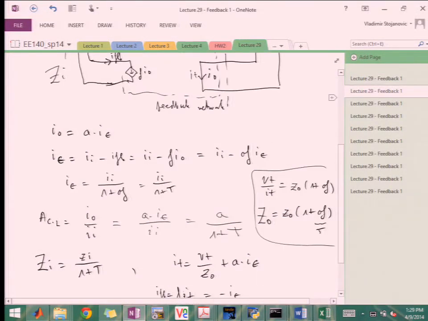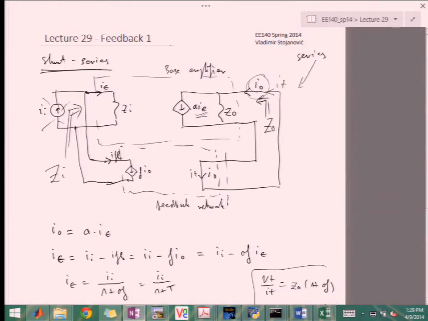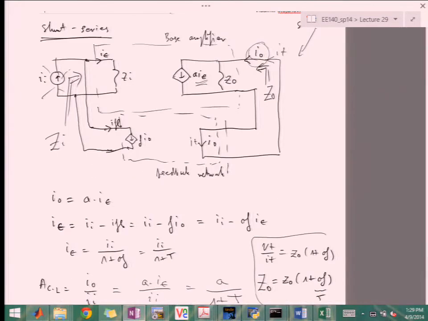So in this one, which is the shunt series, again we can draw that as well. So I'll squeeze it in here. Again, we have II coming in, and then Zi, which is reduced by 1 plus T. And then here on the other side, we have the current output.